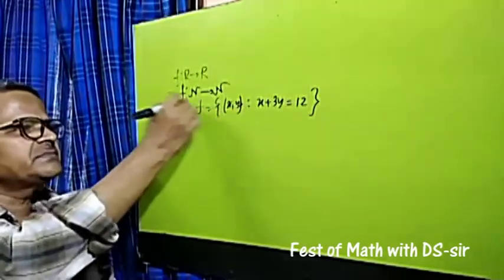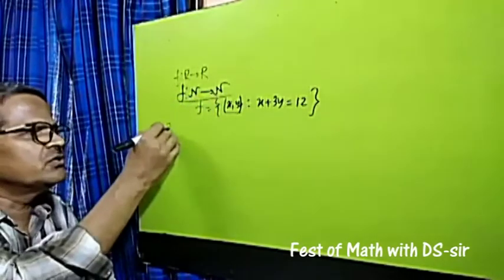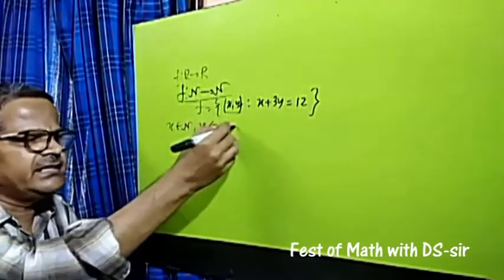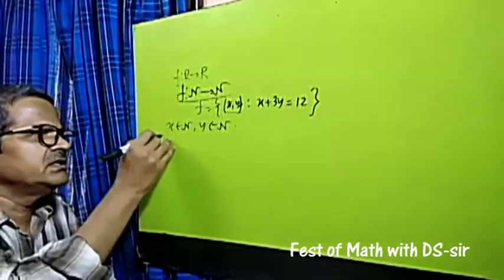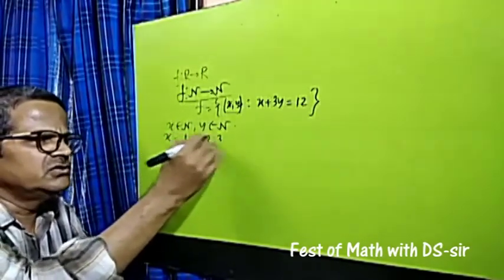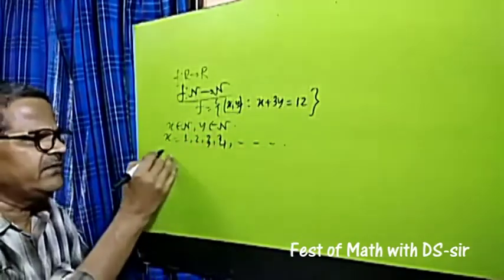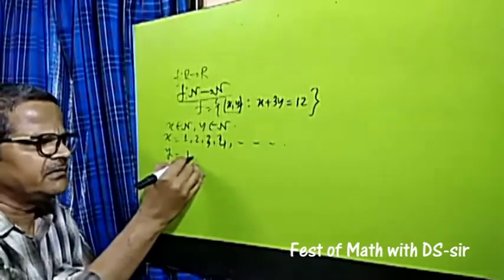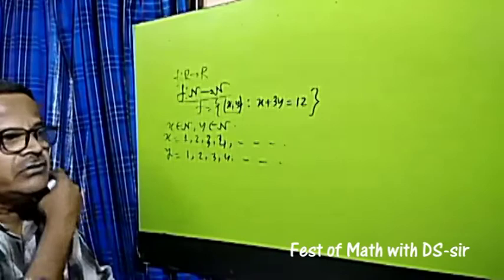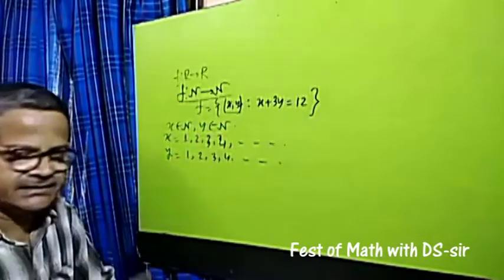So (x, y) from N to N. So x belongs to N, y belongs to N, that is the set of natural numbers. So value of x starts from 1, 2, 3, 4, dot, dot, dot, and value of y starts again from 1, 2, 3, 4, and dot, dot, dot. Now you have to find out the ordered pairs which satisfy this.